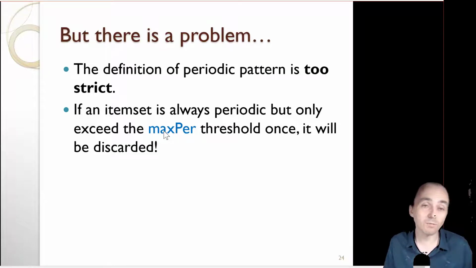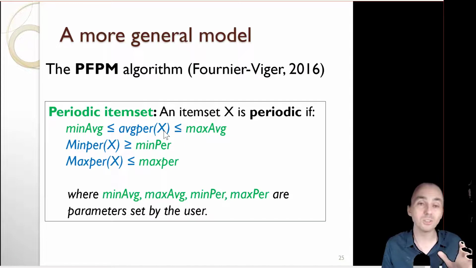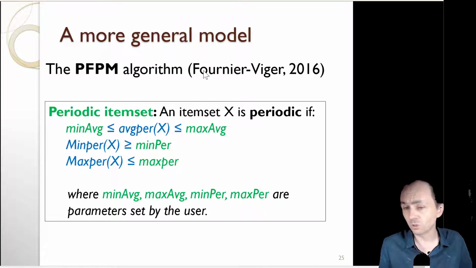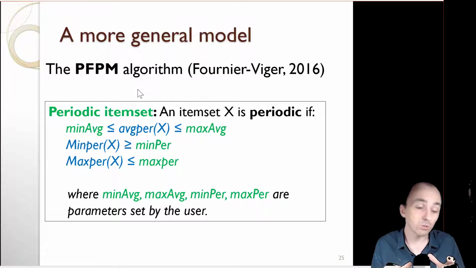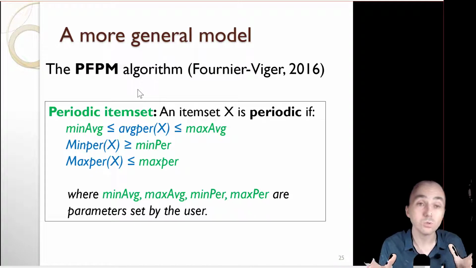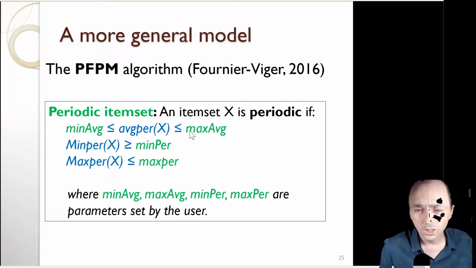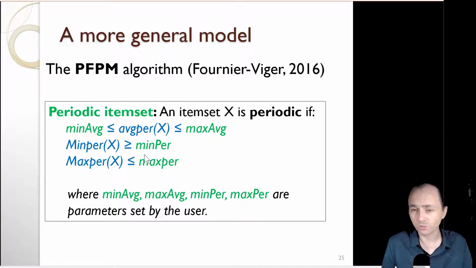So there have been some solutions to fix this. Let me show you the more general model that is a generalization of the traditional problem. It was proposed by me in 2016 for the PFPM algorithm. We saw that the traditional problem is really too strict, so we propose a solution. The solution is as follows.